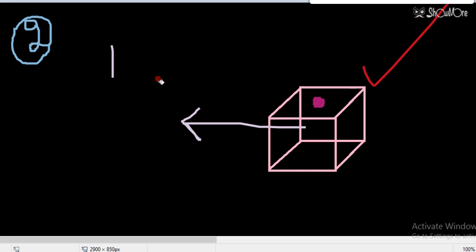It will be 1 by epsilon naught times charge for the complete figure, or you can say Q by epsilon naught simply. So Q by epsilon naught.